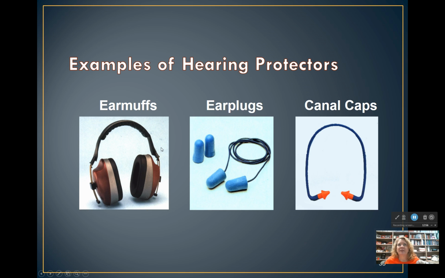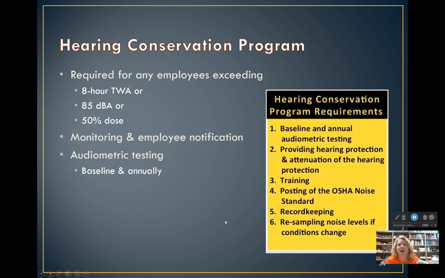So the three different types that we're kind of looking at are the ear muffs, and those are going to have your lowest, typically your lowest dBA when we look at it. So the decibels are going to be lower on this. Your earplugs, the foamies, are probably going to be your best. And then I showed you some of the canal caps that were there. We do have to have a hearing conservation program.